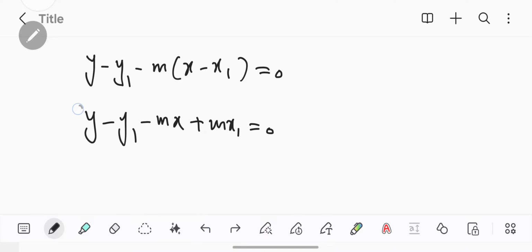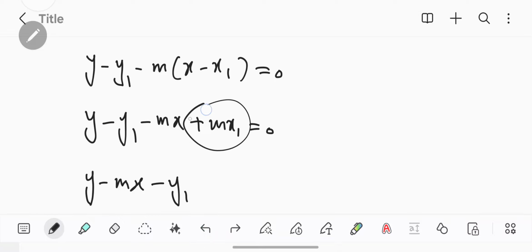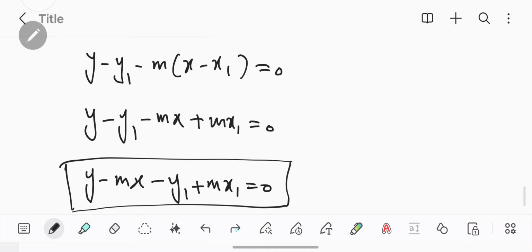So first I will write y, then minus mx because this is the variable term, and then I'll write minus y1, and then the last term plus mx1 equals 0. We can call this equation number 1.